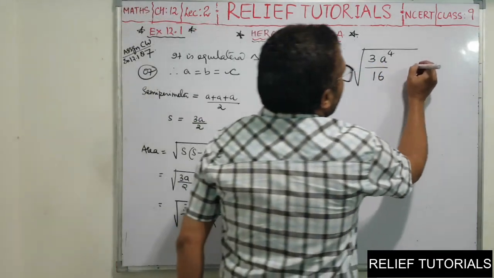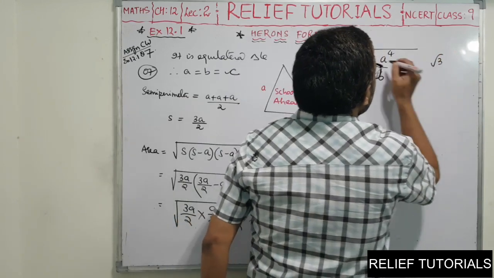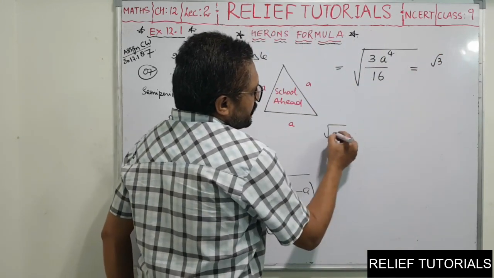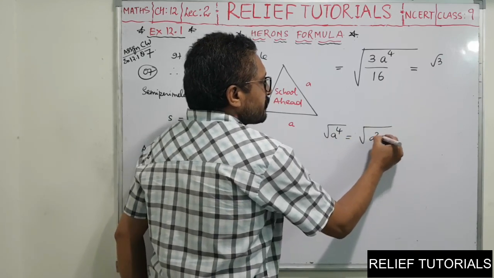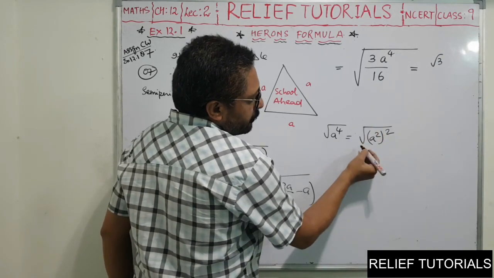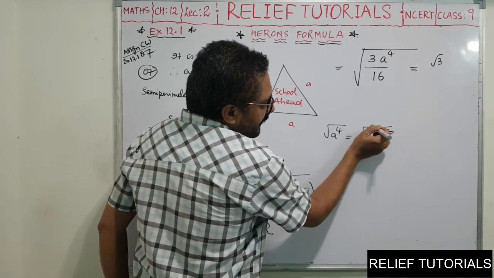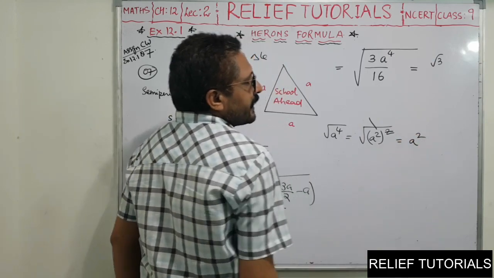Now you know we can't find the root of 3, so it is root 3. Now A raised to 4: you might be knowing this, A raised to 4 means I can write this way, A square, the whole square. Yesterday I told you, if you want to find the root, this square and this root will get cancelled. So what is left here? It is A square.